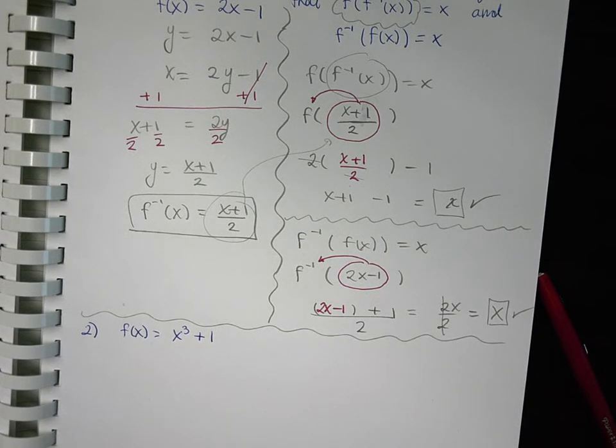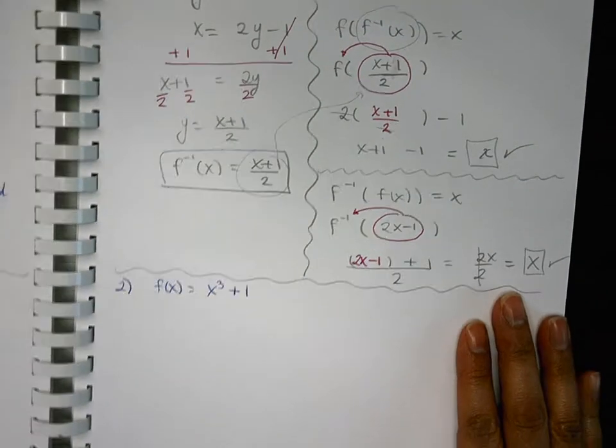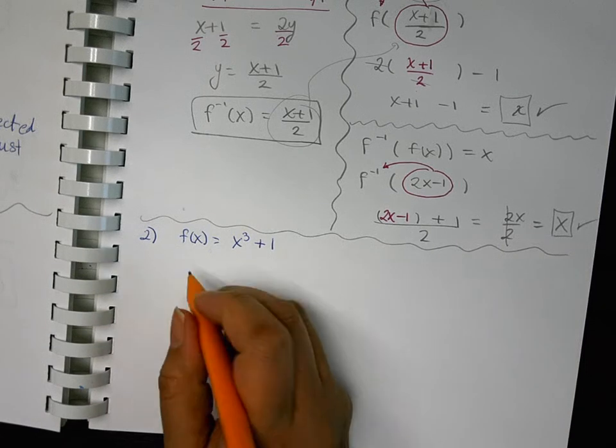Before we go any further, do you know what the x cubed function looks like? Can you picture it in your head? Is it a 1-to-1? Does it pass the horizontal line test? Yes. So it does have an inverse. Again, we'll do more with the graphs next week, but for now, at least get a visual.